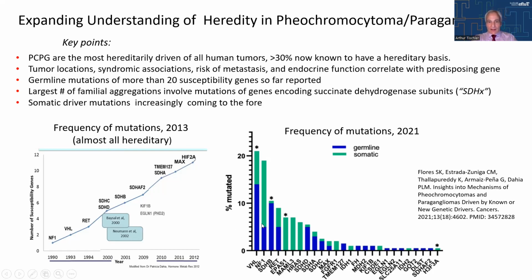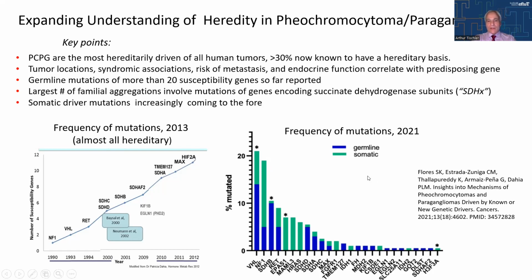VHL and NF1 and RET are still there and are still common. But somatic mutations of NF1 are even more common than germline mutations. And somatic mutations of VHL and RET are also not infrequently encountered.